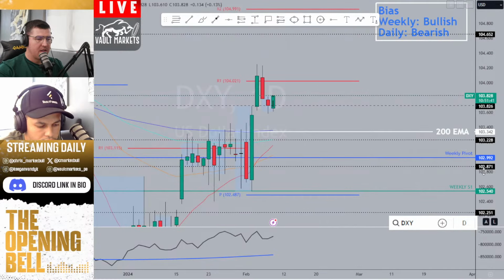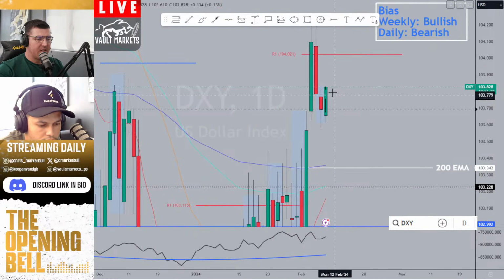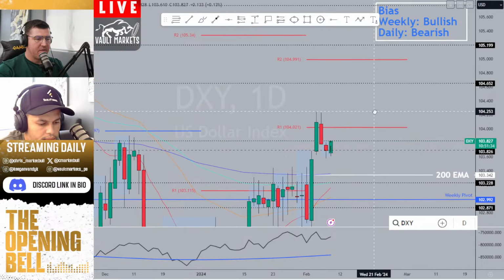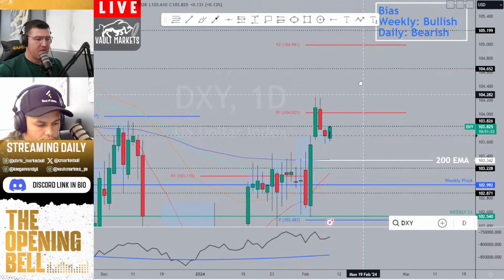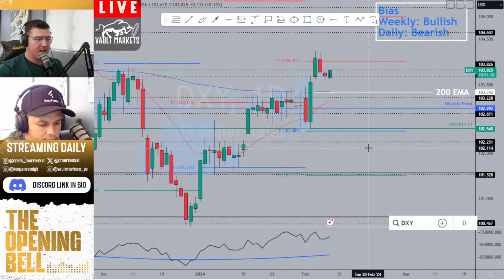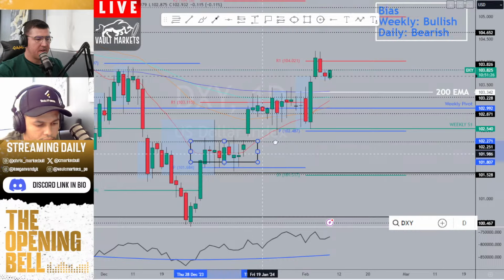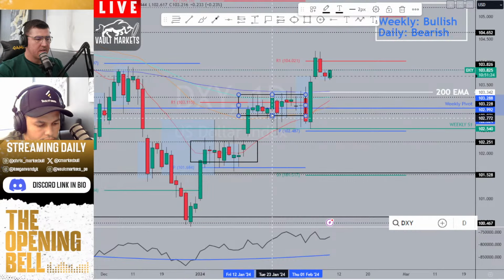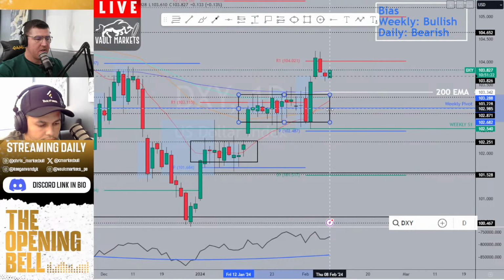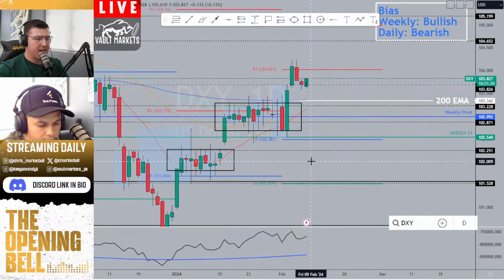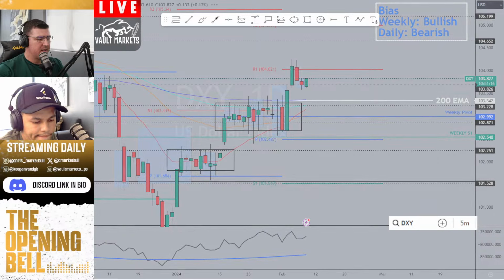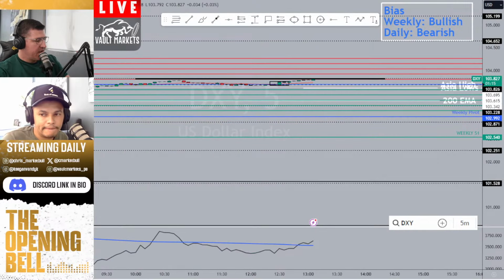If this was the pullback, most likely you'll see us start trading above this 103.82, and then for the rest of the week we're going to go for that target there. Because also, as mentioned, you can clearly see the dollar has been going from strength to strength. So if you purely look at it, the dollar should actually have one more leg in it. But yeah, that is the trade, Chat.